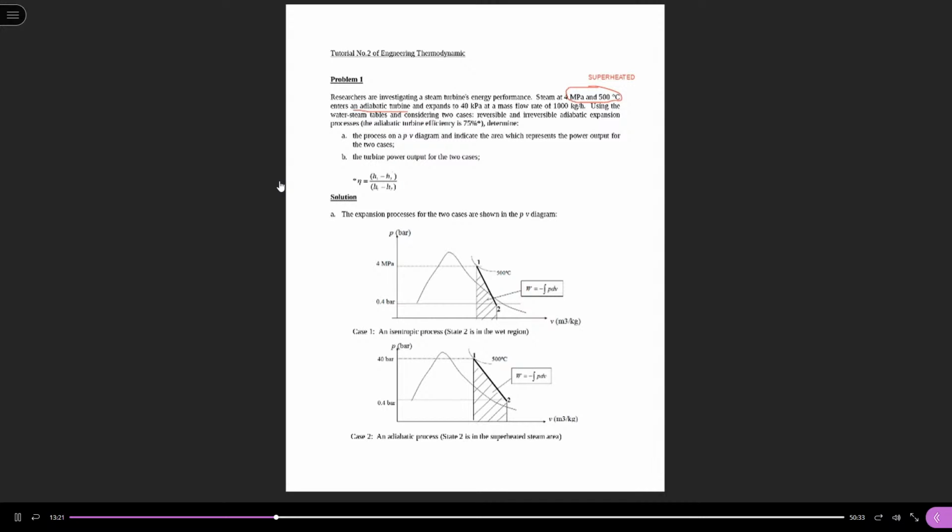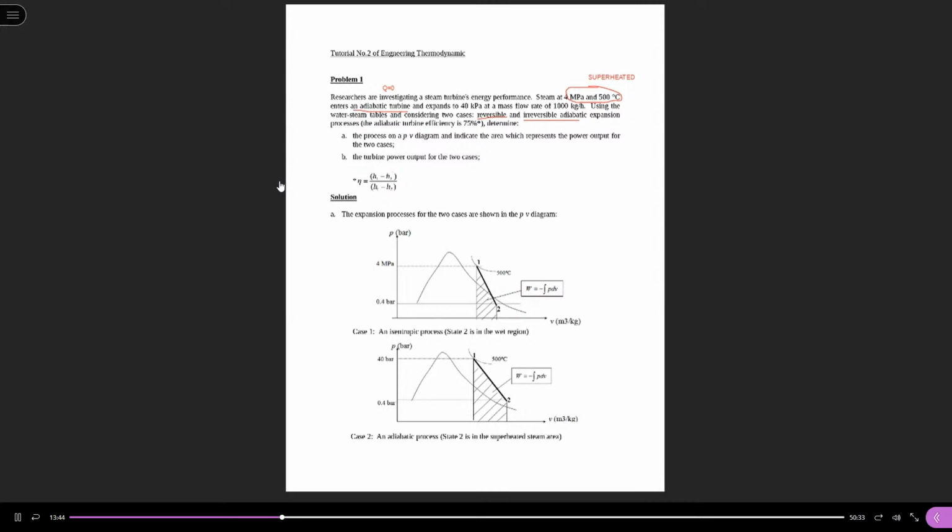Using the steam water tables, we consider two cases: a reversible process and an irreversible process. So we start with the reversible process.